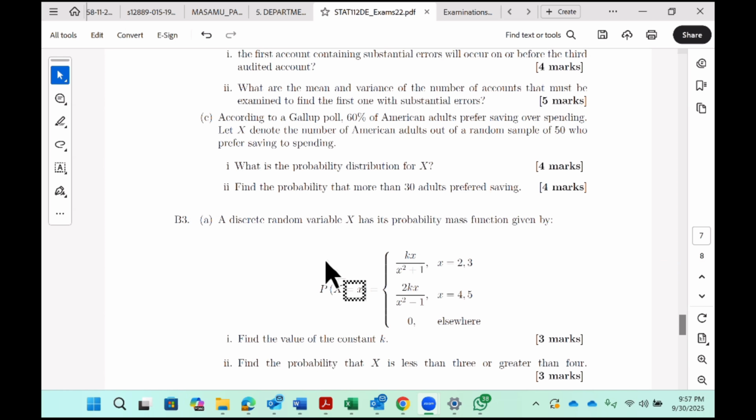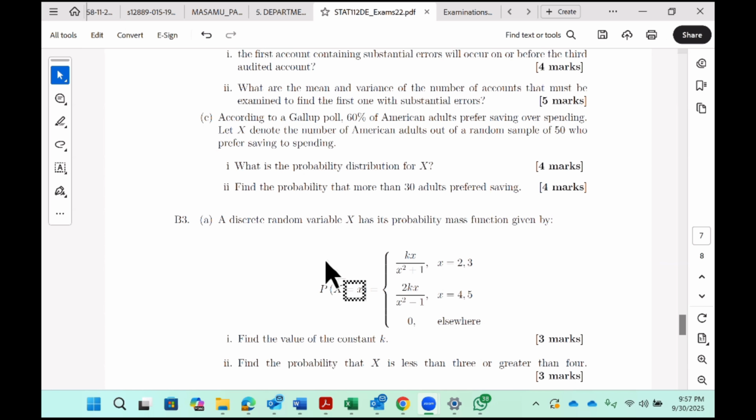So in the first one, a Gallup poll says 60% of American adults prefer savings over spending. Let X be the number of American adults out of a random sample of 50 who prefer savings to spending.